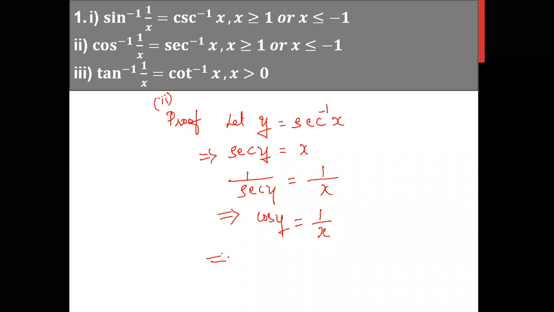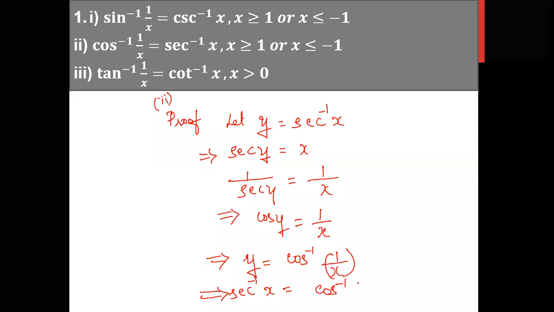So then what do I have to do? Apply cos inverse. So that will give me y is equal to cos inverse 1 by x. But what is y? Y is secant inverse x, which is equal to cos inverse 1 by x. Isn't it easy? You've understood, right?